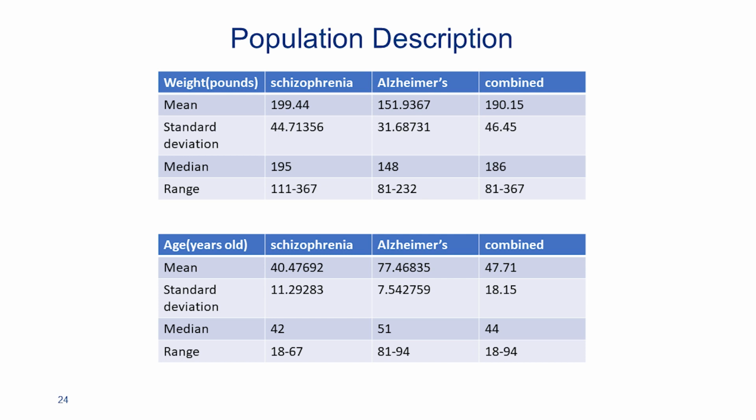In terms of the weight distribution, you can see as well that in the schizophrenia arm, the weights were substantially higher. Similarly, for the age distribution in the bottom table, in the Alzheimer's arm the age was substantially higher, not surprising with respect to the type of study.